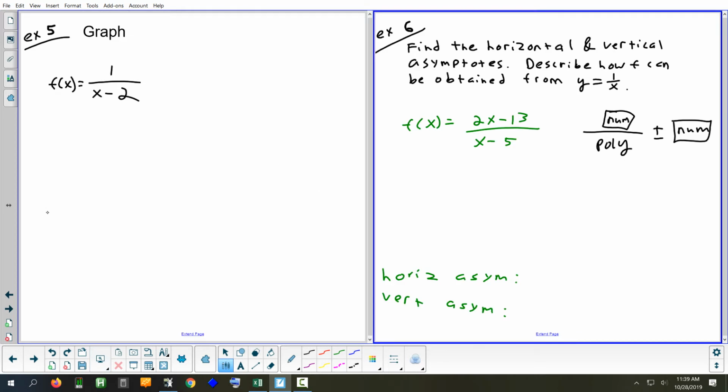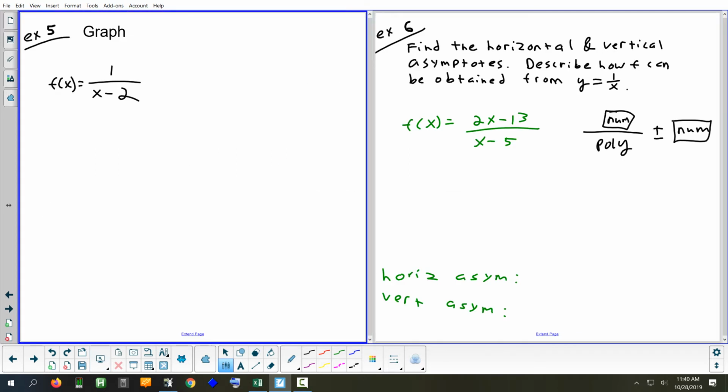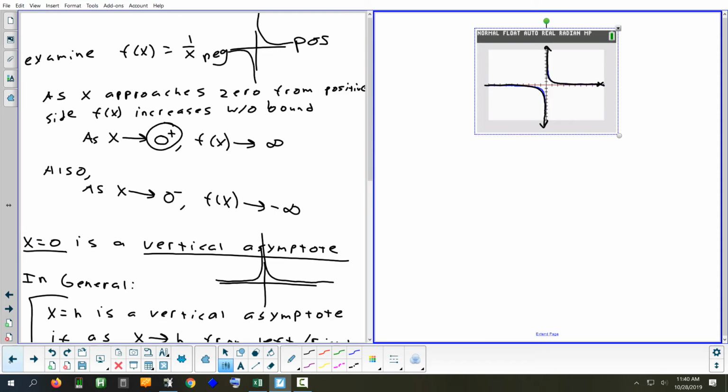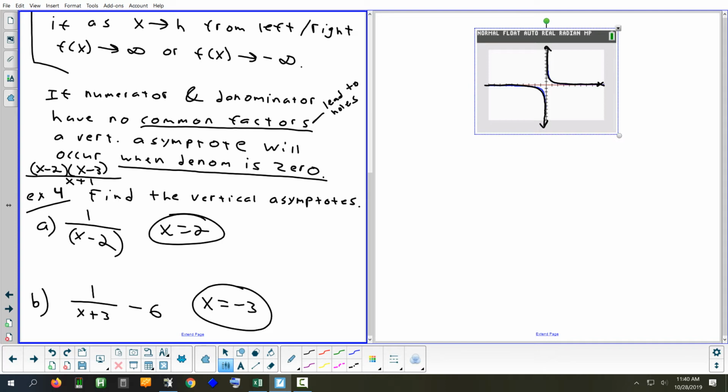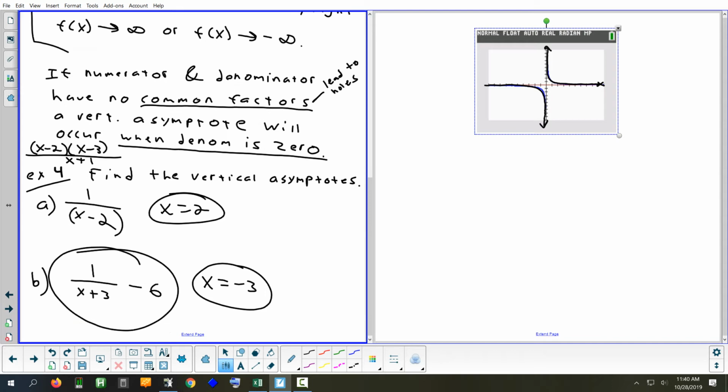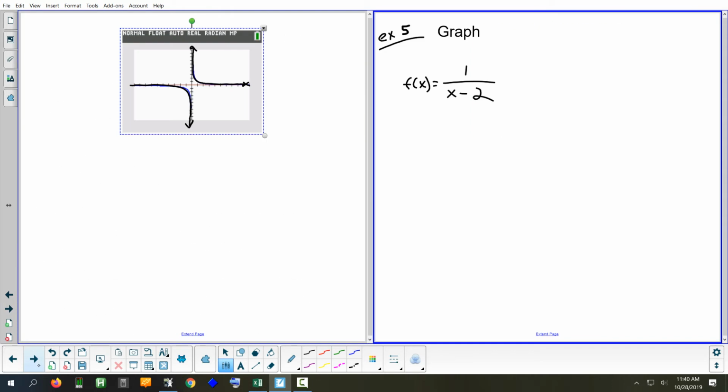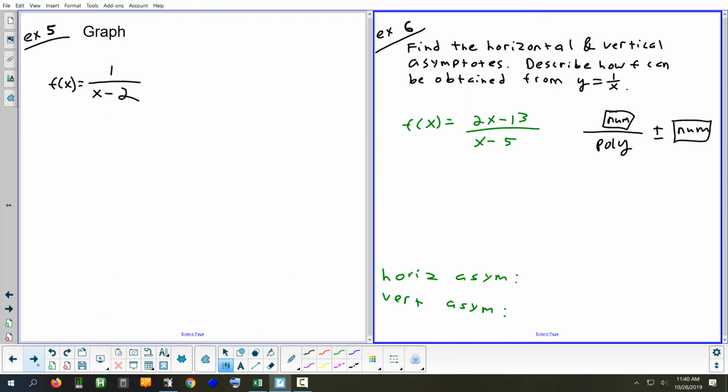That's exactly what this one looked like. A number over a polynomial. If I go back another page, just look at this one. A number over a polynomial plus or minus a number at the end. So you've got to make it look like that. Not like that.